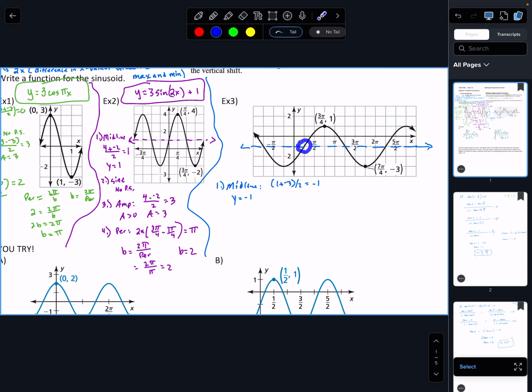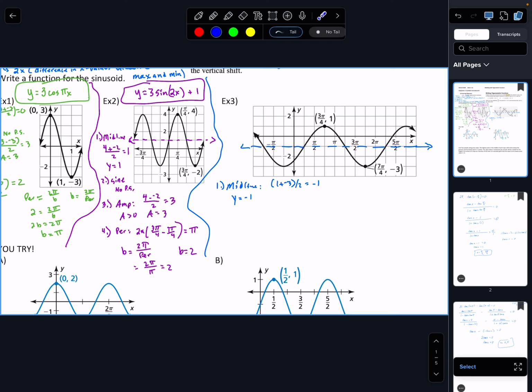Right here, 1 box to the right, it is starting at the midline, and as you go to the right from there, it's going up, back down, and back up. It's a sine graph where A is positive. So that distance to the right would be my phase shift. It's 1 box, and it's half a pi halves, it's pi fourths. So I can think of it as a sine graph with a phase shift to the right of pi fourths, which is what I'm going to do.